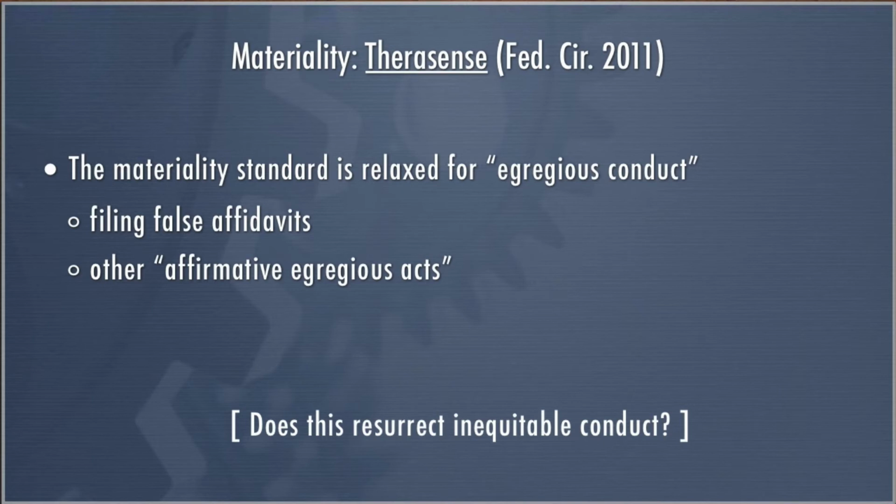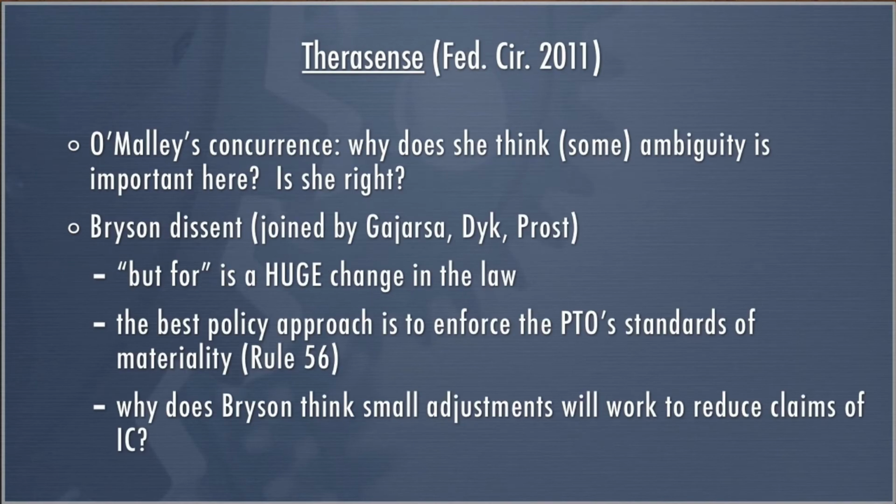So there's a variety of debates among the Federal Circuit judges concerning this change in the law. O'Malley argues that she thinks the court should be more ambiguous about exactly what is and what is not inequitable conduct, and that in the context of a doctrine which is intended to force patentees to behave well before the PTO, it might be good policy to not be 100% clear on exactly what types of behavior will and will not be punished.